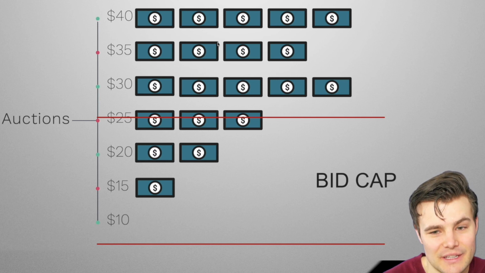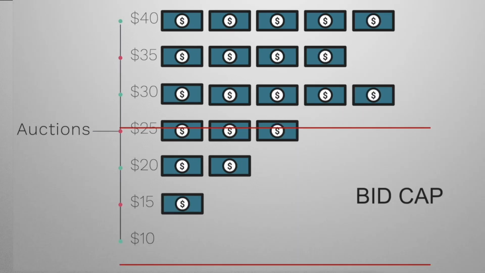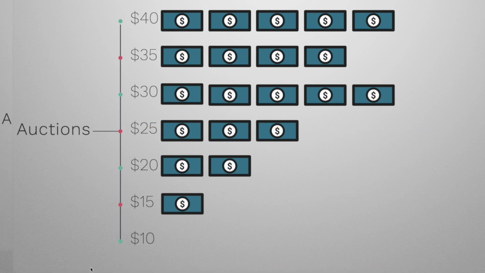So the benefit of this is you can really control how much you're able to pay to acquire a customer. The downside is sometimes it's very, very low volume or very, very low spend for the day.